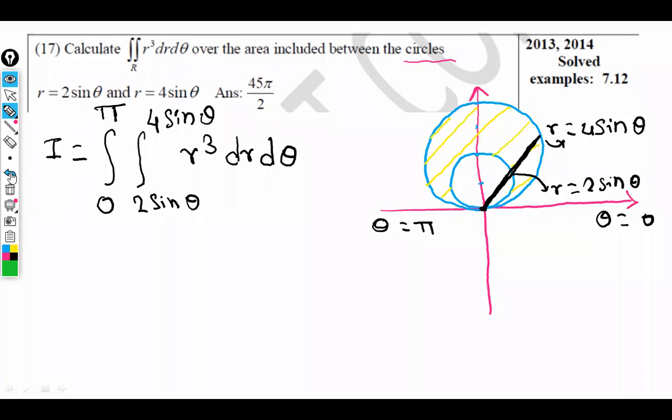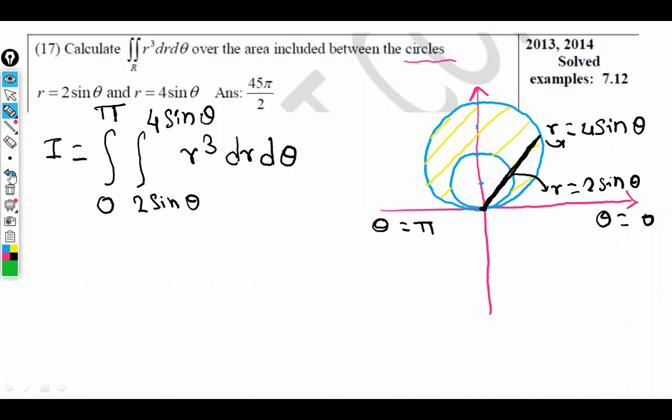Sir, as the graph is symmetric about the y-axis, can we take 2 times the integration from 0 to pi by 2? Yes, you can. There is a main concept here, but remember, while taking 2 times, it works here because the integrand becomes an even function.